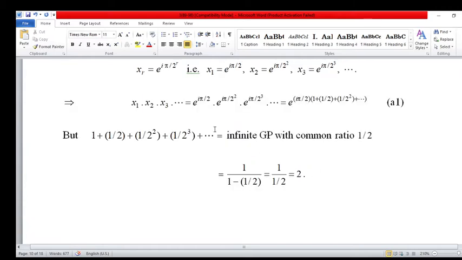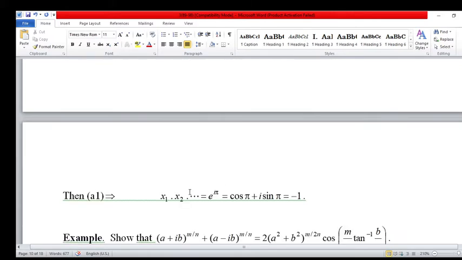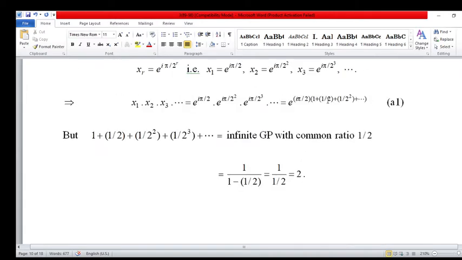Now the series is infinite, so its sum is 1 upon 1 minus r, where r is the ratio. This is the general formula. So this is 1 upon 1 minus 1 by 2, which is equal to 1 upon 1 by 2, and after solving this is 2. So the product of x1, x2, x3 and so on is e raised to the power i pi by 2, and the value of this bracket is equal to 2.